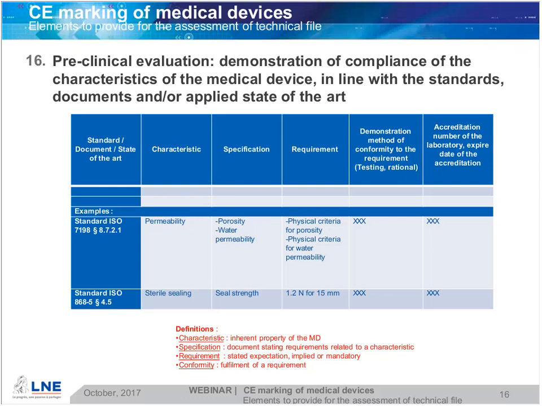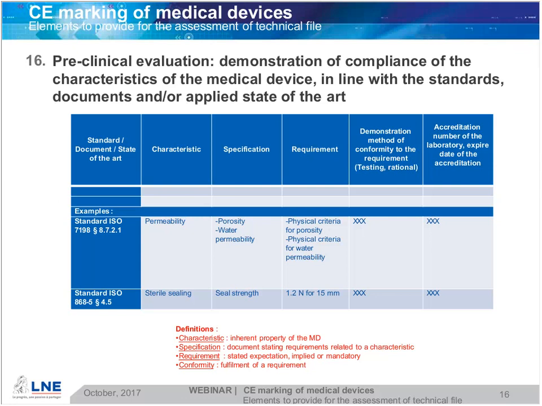To that purpose, the manufacturer needs to express requirements of physical criteria for porosity and physical criteria for water permeability. The second example is about the standard ISO 868-1, which is about sterile sealing. The specification is about seal strength, and the requirement related to the specification is 1.2 Newton for 15 millimeter.